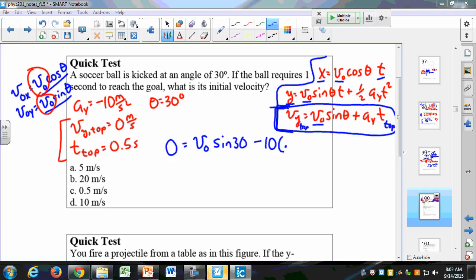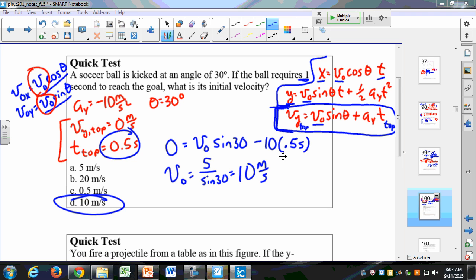And I want to put 0.5 seconds there because I know that at the top, that's my time. Because it required 1 second to go the full trajectory, it just requires half a second to get to the top. And then I can solve this for V naught. It works out to be 5 over sine of 30, which is equal to 10. So D is the right answer.